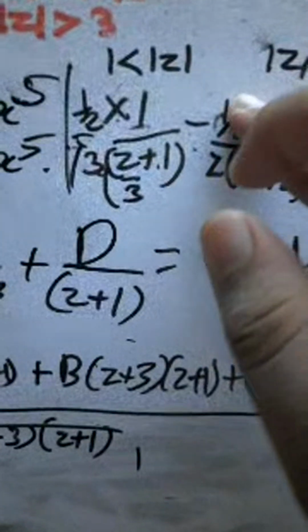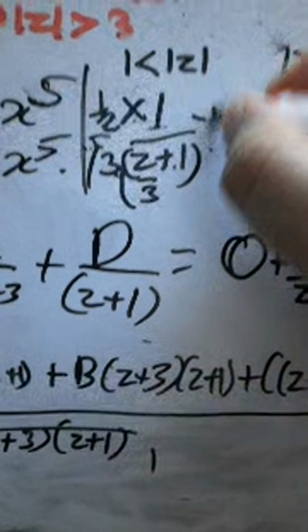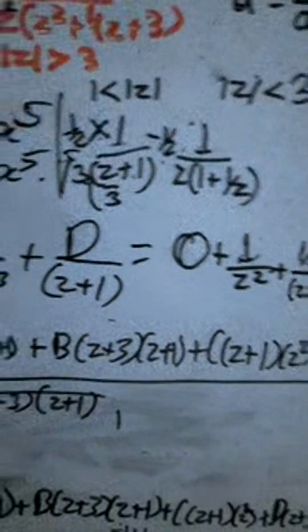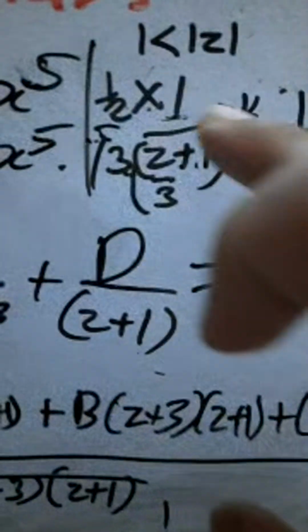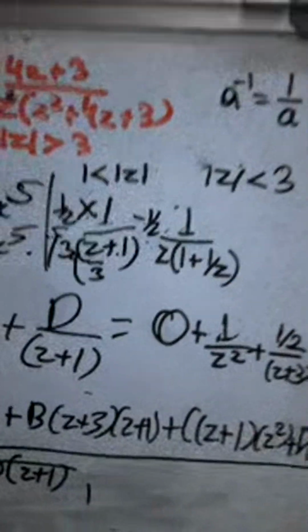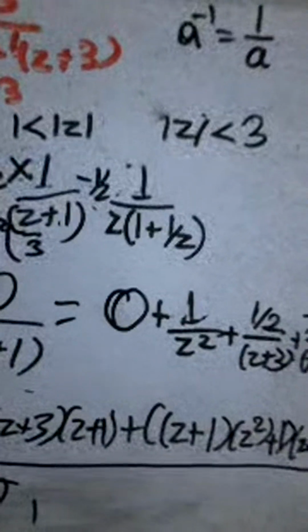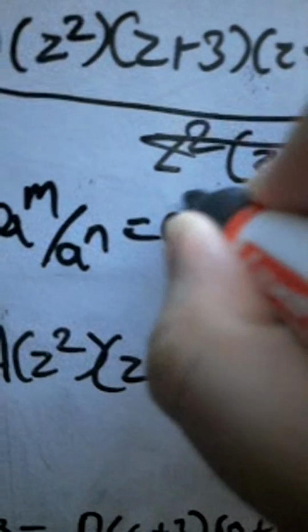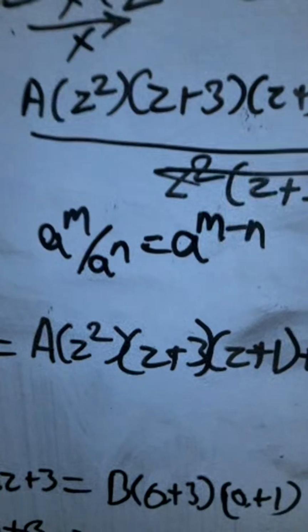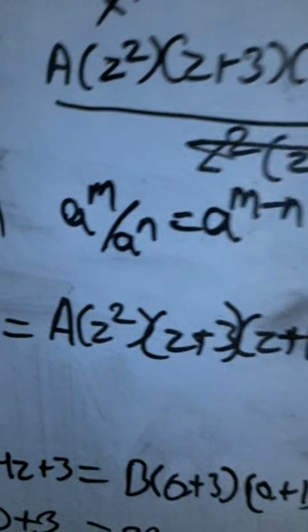So here also it is the same, minus half into 1 by this. Now instead of writing 1 by this, I told you we can write it as power minus 1. When we divide, a raised to m divided by a raised to n is equal to a raised to m minus n, because division and multiplication are opposite, and power says how many times we multiply by it.